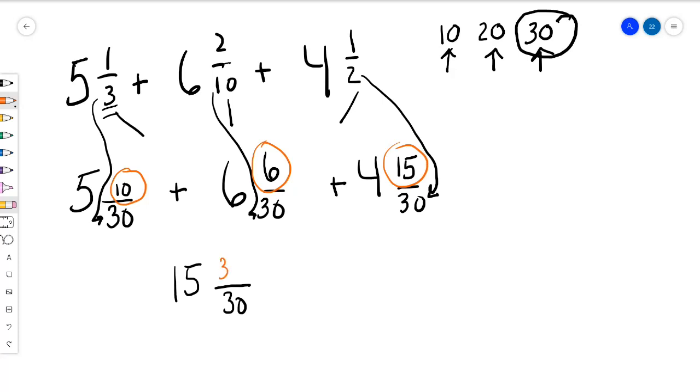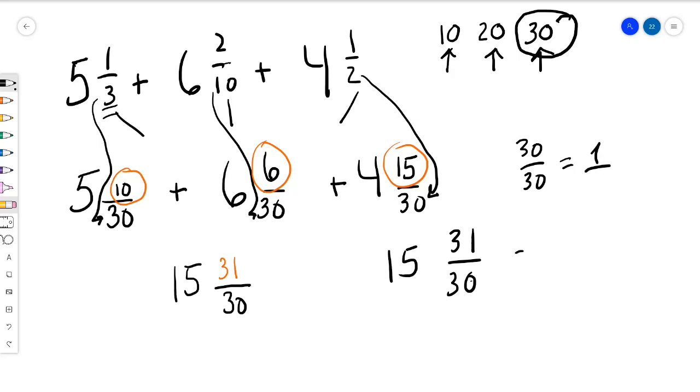So my answer is 15 and 31 over 30. That fraction is improper. That's not the best way to leave it. If I want to simplify fully, I'm going to pull out a 30 over 30, which is 1, and add it to my whole number. That gives me 16.